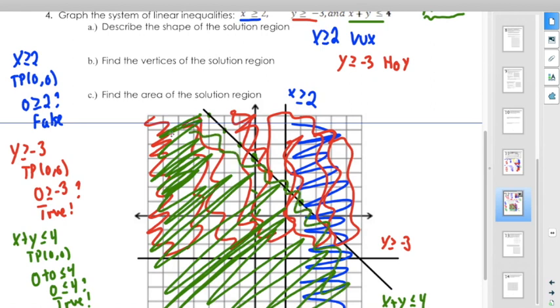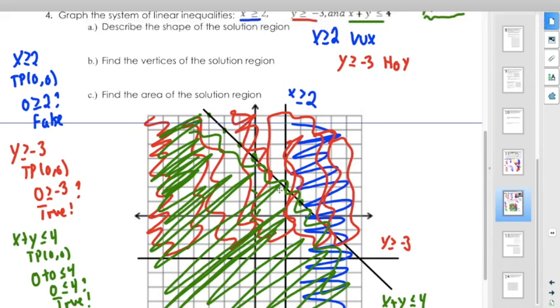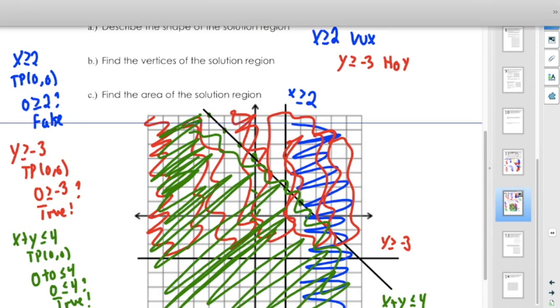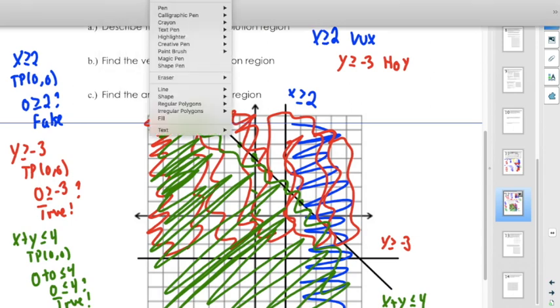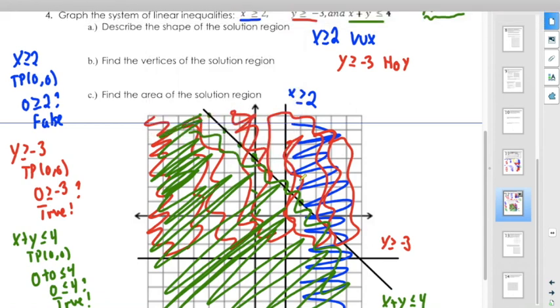So this just looks like a whole mess if you take a step back and see everything here. This is very hard to see, right? But there is one section where all 3 parts are shaded. And if you can't see, I will show you right here. That one section is this triangle right here.